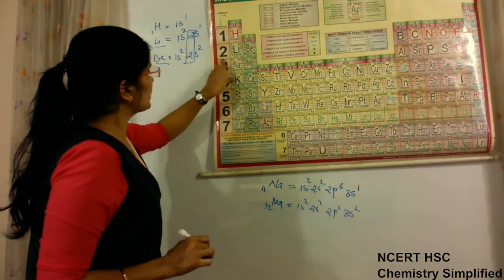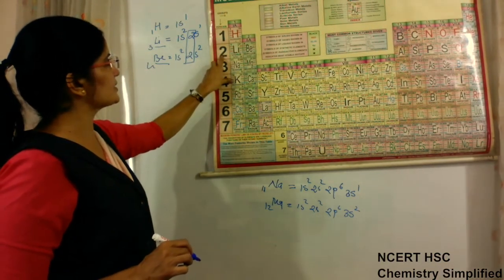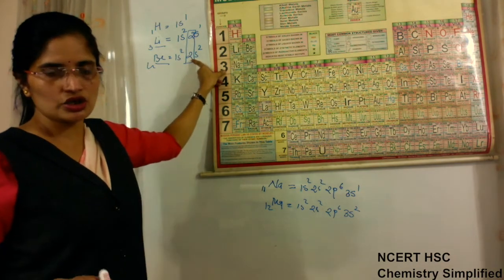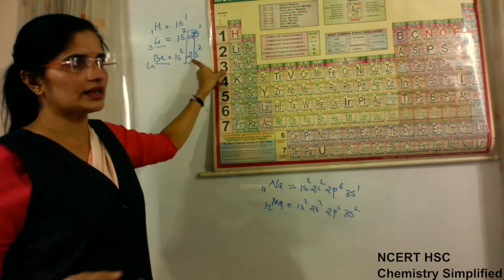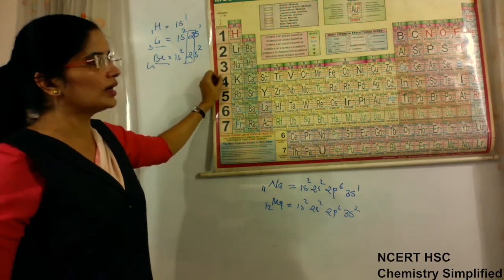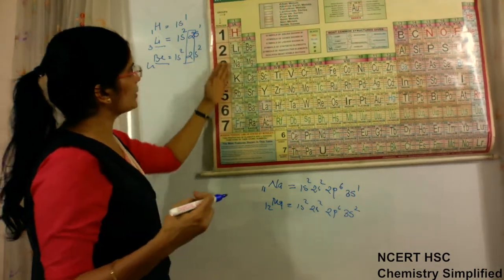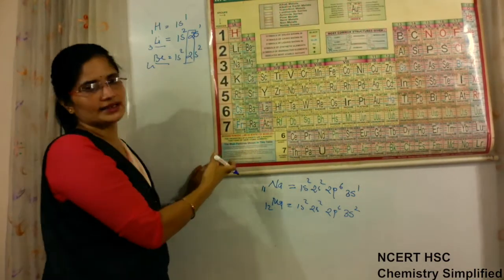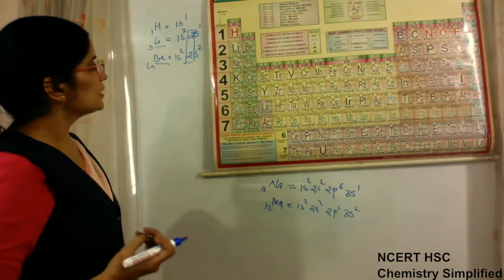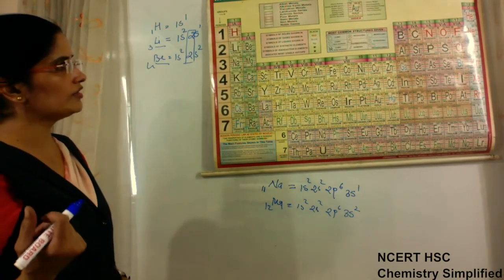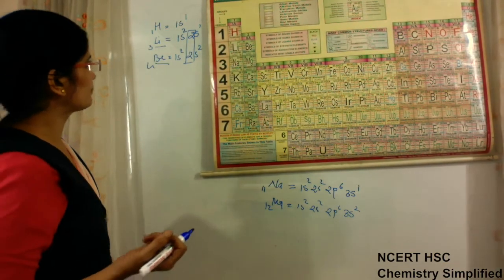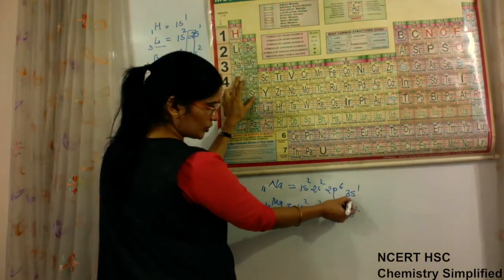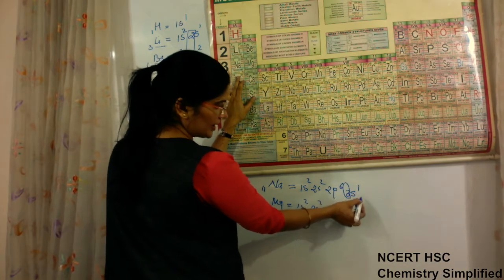So the period number written here indicates the last shell in which the electron is going. We need not memorize or write the whole electronic configuration. If you remember the number of periods and the first elements at least, you can easily recognize in which shell the electron is going. For sodium, the last electron is going in the third shell and in the S subshell.